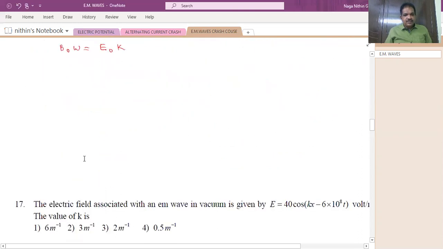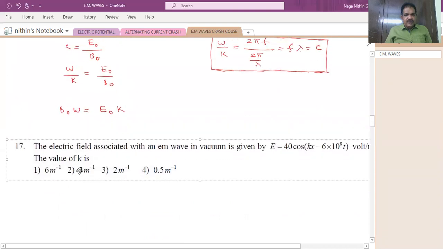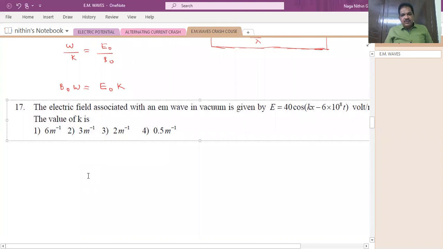First option. Next. Electric field associated with the electromagnetic wave is E is equal to 40 cos kx minus 6 into 10 power 8 t volt per meter. The value of k is what they are asking.